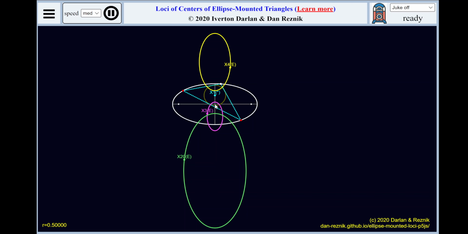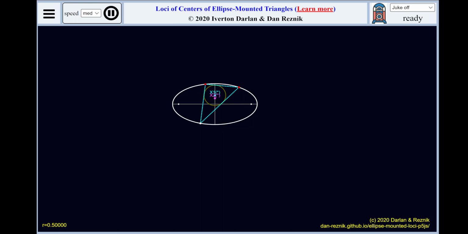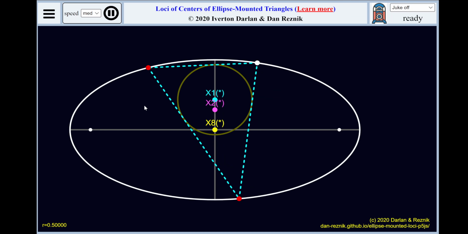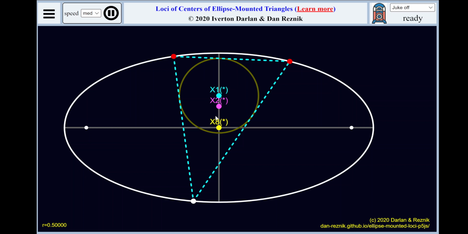But the cool thing about this family is that it probably has some interesting invariants. We haven't been able to locate them yet algebraically, but this is a family of Poncelet triangles with a circular caustic that maintain its Nagel line stationary, including the incenter, the Nagel point, the barycenter, and the Spieker point.